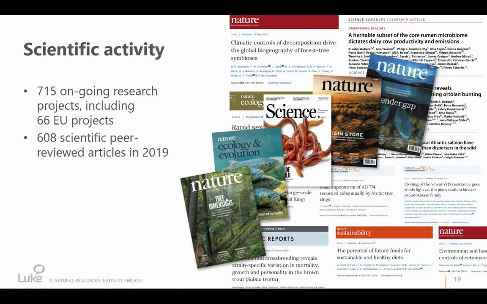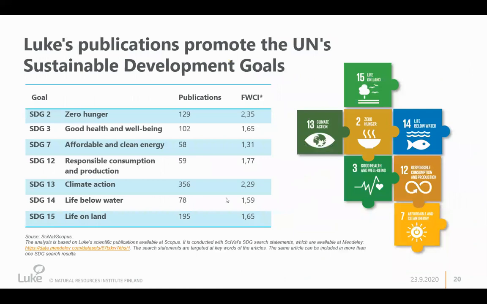Especially those Nature covers you can see on this slide are something really special in our area, at least. Then this slide is also giving you a little bit of an idea what we work on.